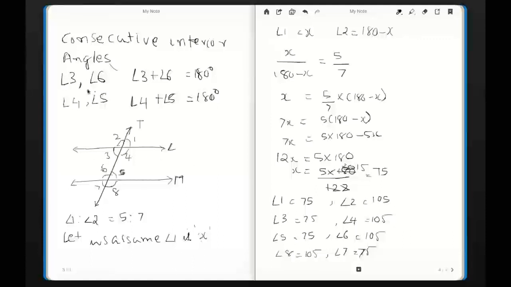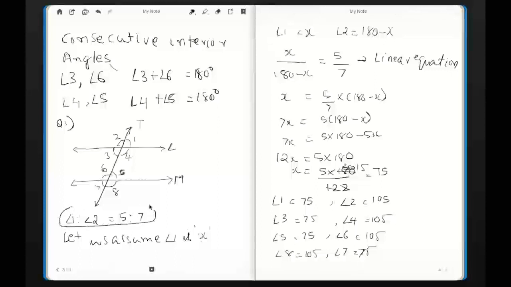So this is question 1. Did you understand? Very simple. I just have to use this linear equation, which I formed using this particular fact given in the question.